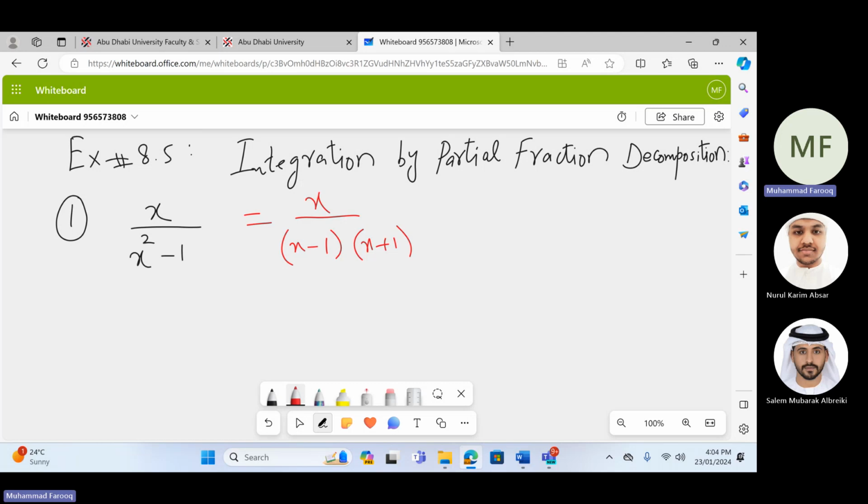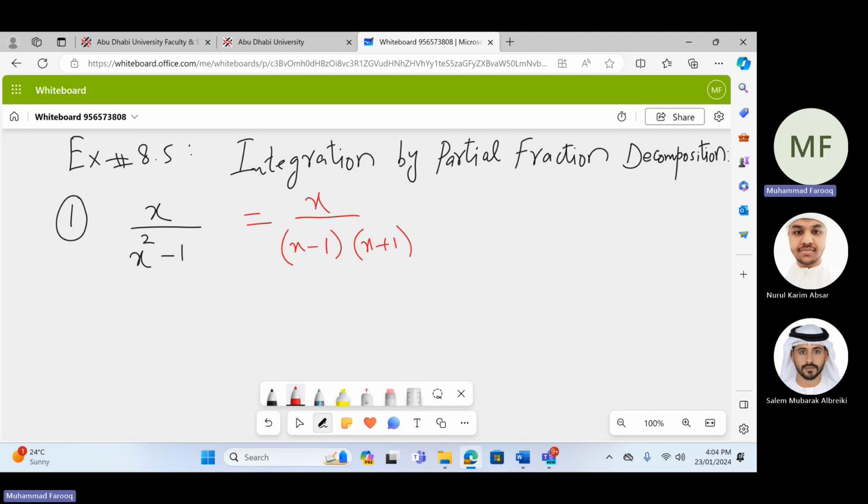Step number 2. After factorization, check the nature of your factors. How many factors do you have? Two, exactly. The first factor, is it linear or quadratic? What does it mean by linear?